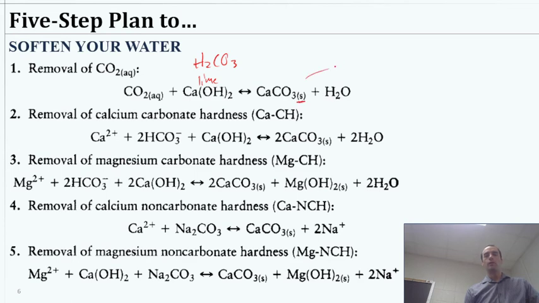Okay, so that's a way to, when we see something precipitate like that, we say that's removed. Okay, because we can just take the solids right out of solution.